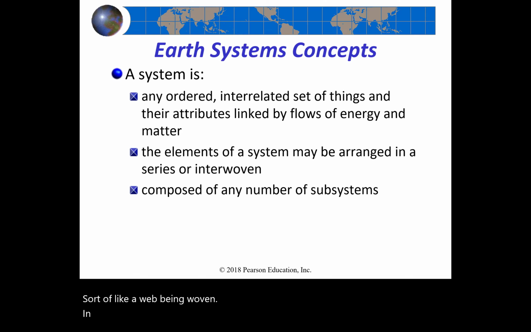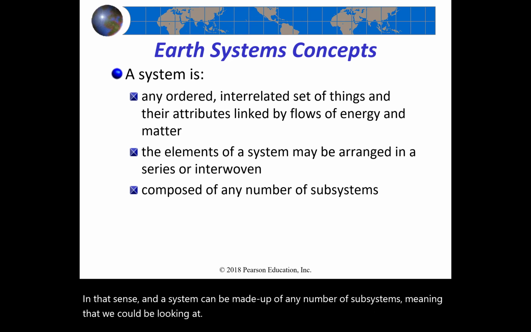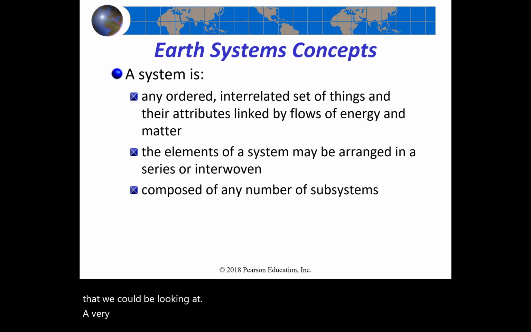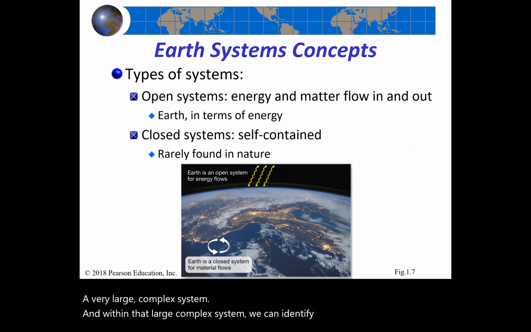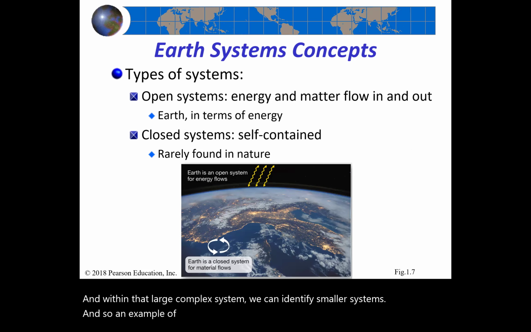And a system can be made up of any number of subsystems, meaning that we could be looking at a very large, complex system. And within that large, complex system, we can identify smaller systems. An example of that is Earth as a system.